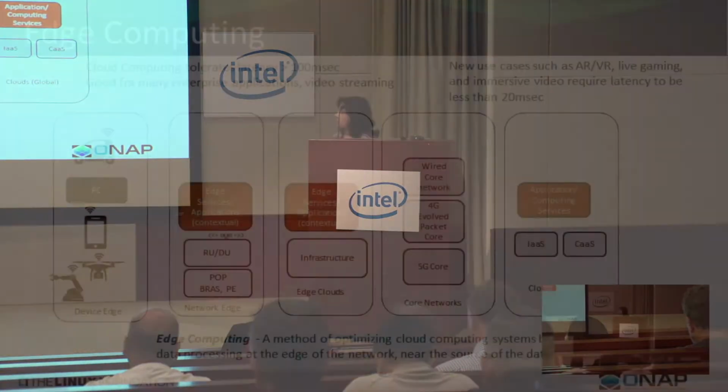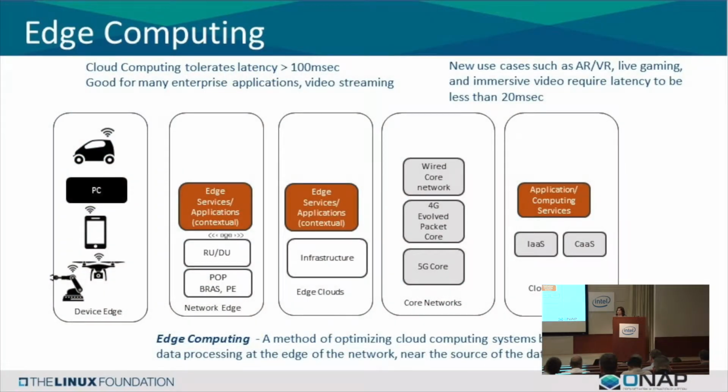So I'll just briefly go over what edge computing is, and this is becoming very important for cloud computing these days. What you see here is what we typically have these days: a PC or your phone, and you run some apps on it, and your application might require some support in the cloud, like you're running your Netflix movie, and you might spin up a VM for that in the cloud.